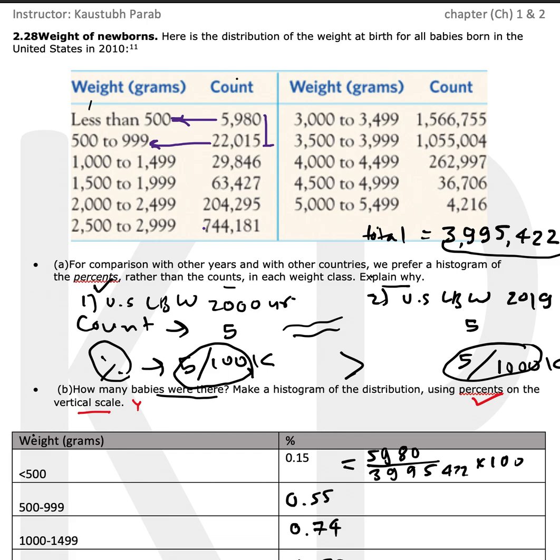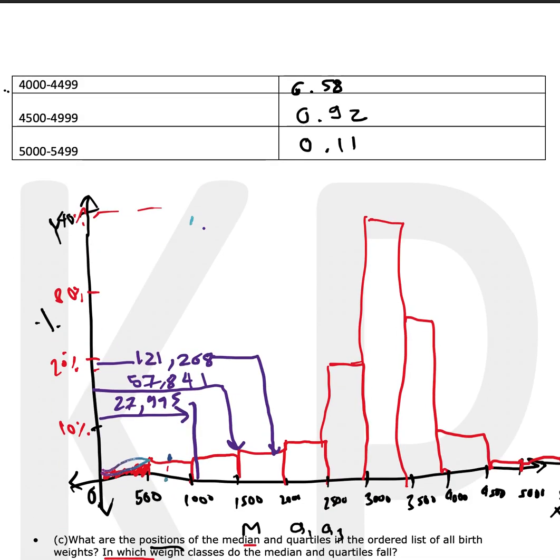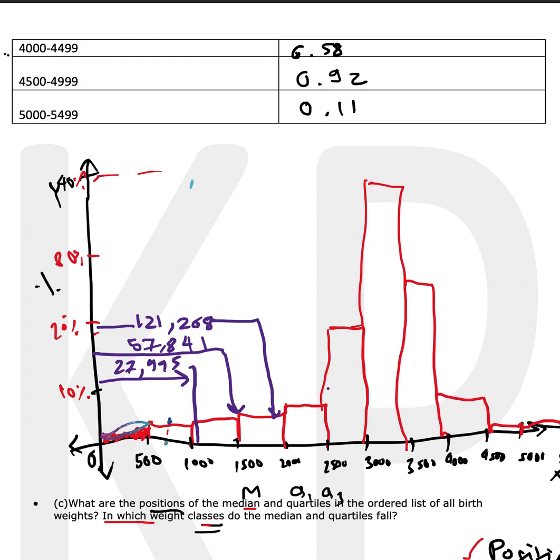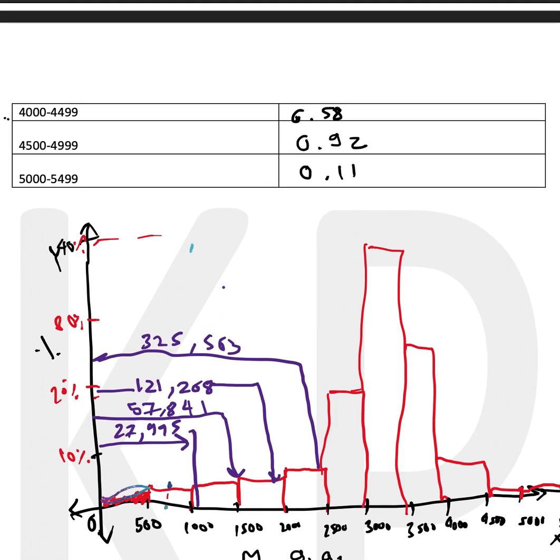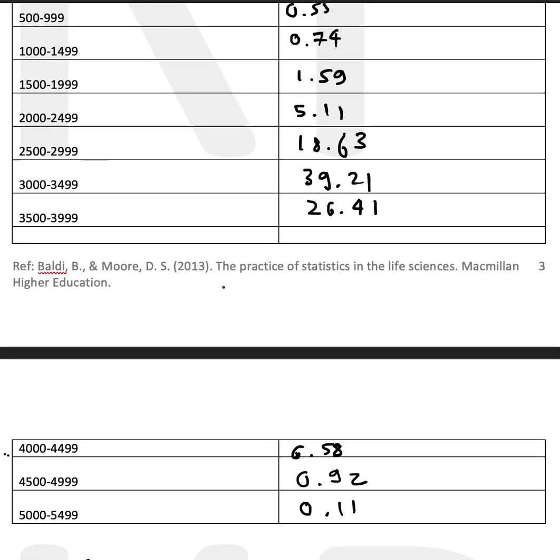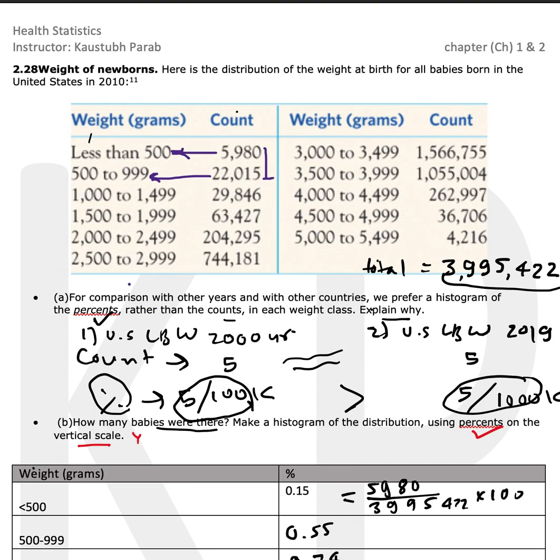Then to that number add 204,295. To that add 744,181.